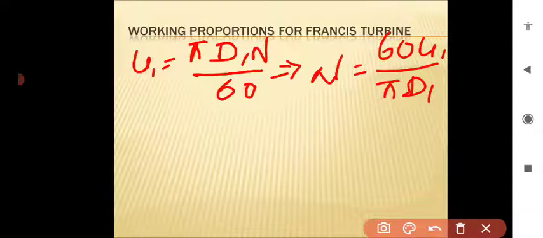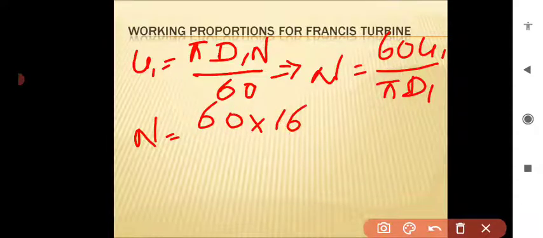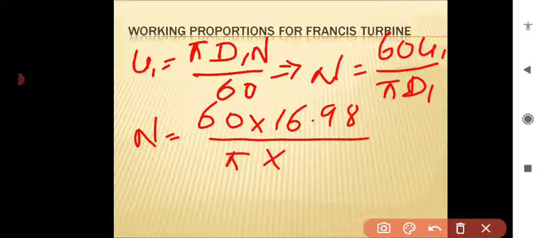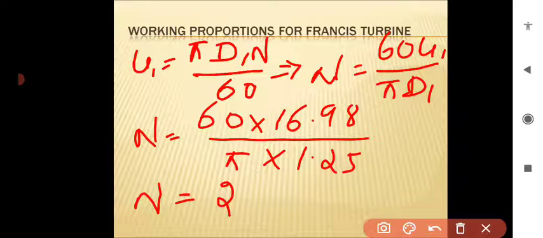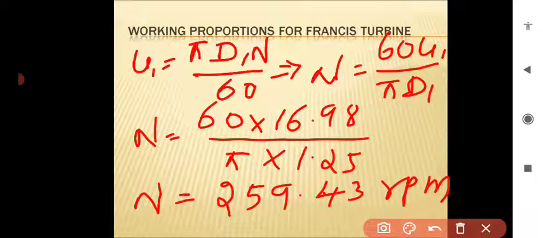So N is equal to 60 into u1, which is 16.98, by pi into inlet diameter 1.25 meter. If you calculate it, you will get N equal to 259.43 rpm. This is the N value.